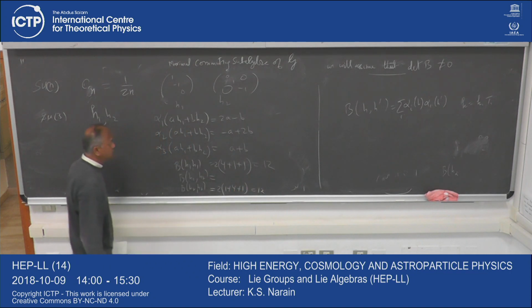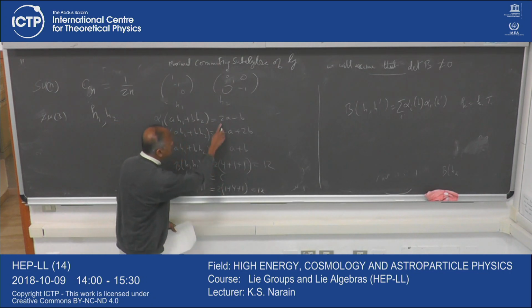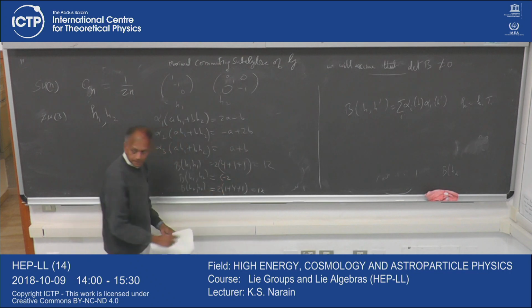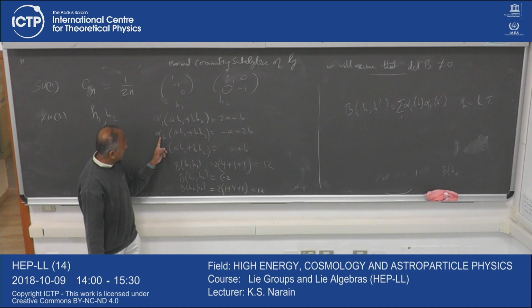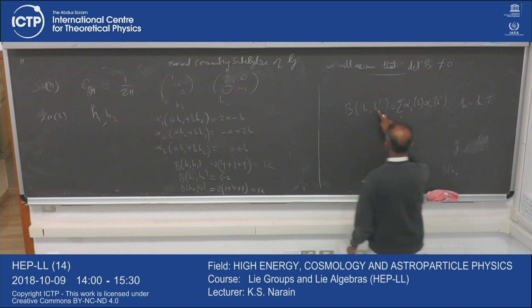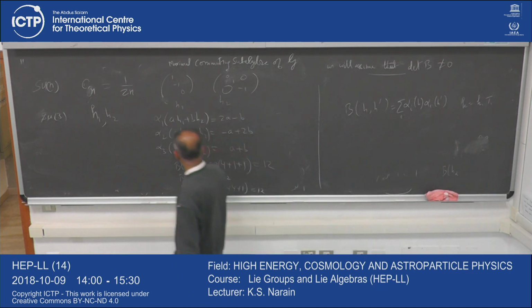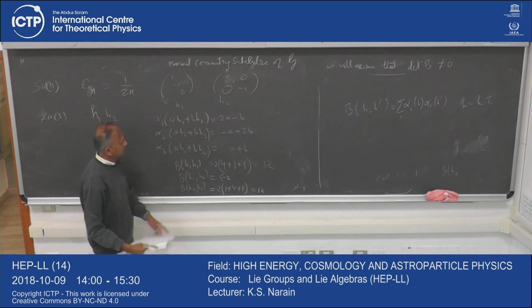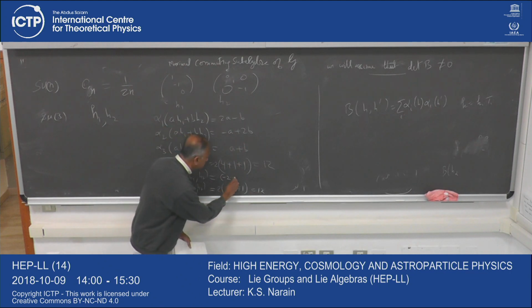And for B of H1 H2, you get alpha 1 of H1, which is 2, times alpha 1 of H2, which is -1, so 2 times -1 is -2. Then alpha 2 of H1 times alpha 2 of H2: -1 times 2, which is again -2.